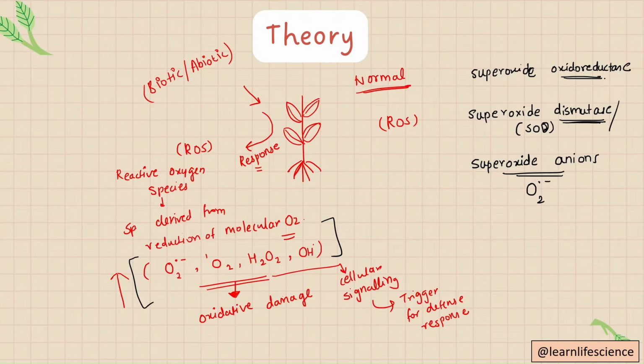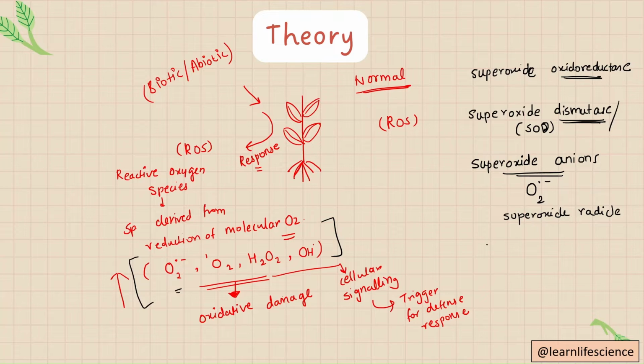So you can see that it can carry out both oxidation and reduction reactions on a particular substrate. What basically happens is that the oxygen molecules that are previously reduced generate superoxide radical. So this is a superoxide radical, and now it is going to be targeted by the superoxide dismutase.